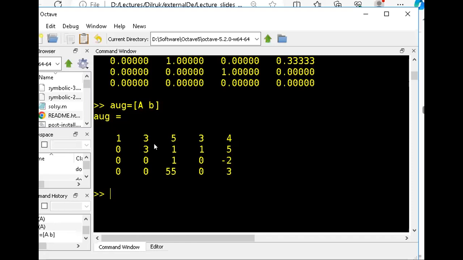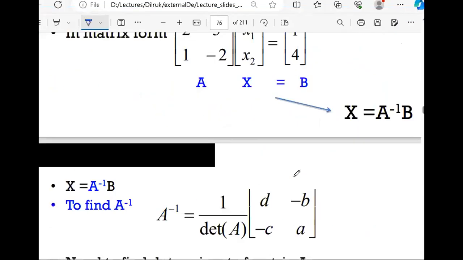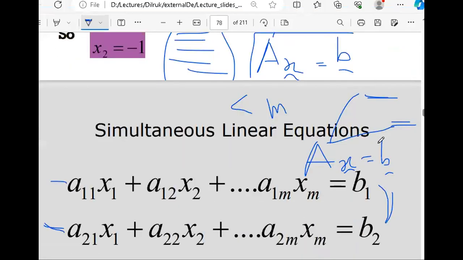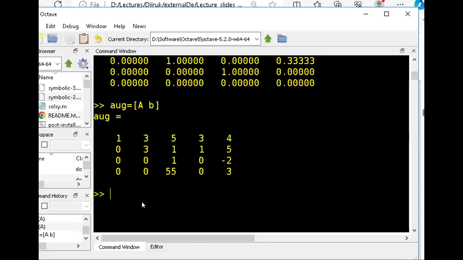When you perform that operation, the solution set remains the same. You get the same solution. That does not affect the solution of this system. Any row can be scaled.